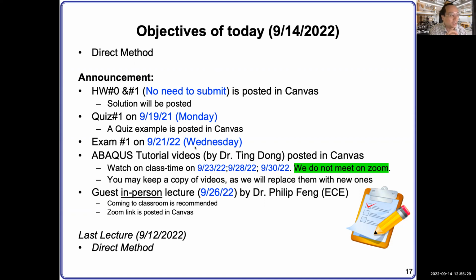The quiz will be 10 to 15 minutes at the end of the class. Once you finish, you email it to the TA. I think emailing the TA is better, so I will put his email address here. The exam will take the whole class.